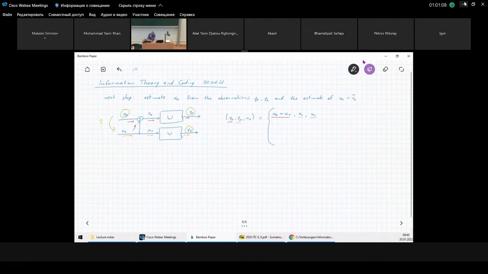Again, this is the case, no errors, with probability 1 minus p on the first channel and 1 minus p on the second channel, so with probability (1 minus p) squared.